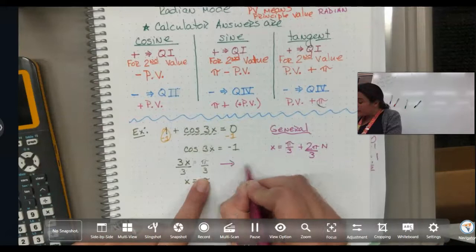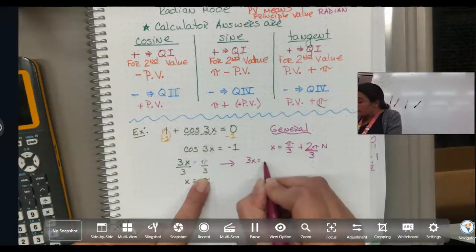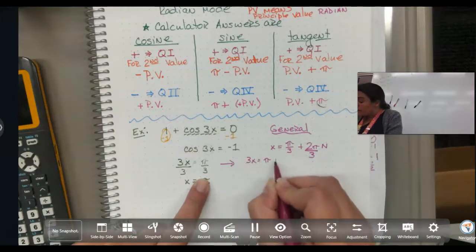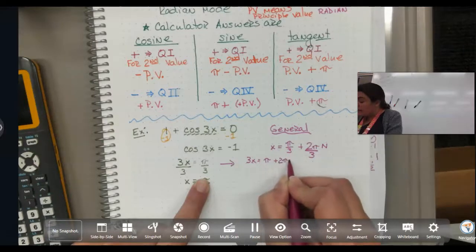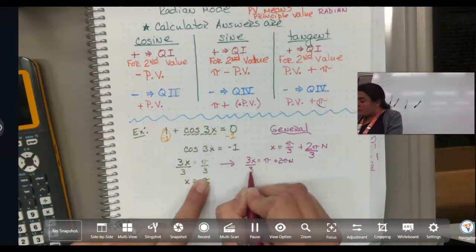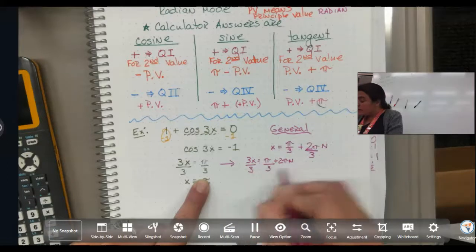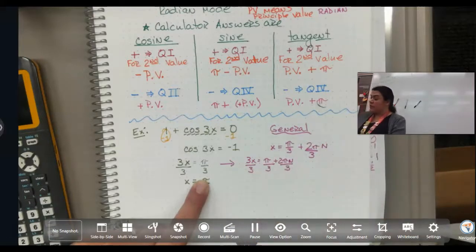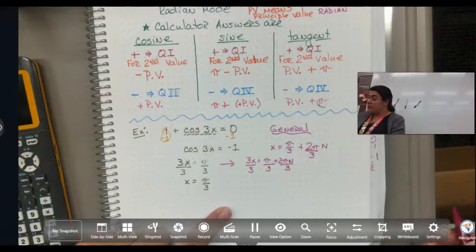So right here, I would have said 3x equals pi plus 2 pi n, and then I would have divided by 3 here, divided by 3 here, divided by 3 here. So that gets me up here to 2 pi n over 3.